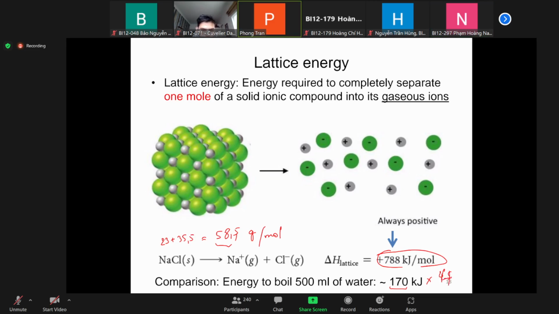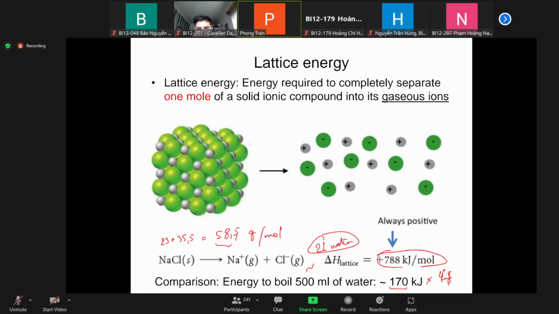So it's almost 2 liters of water you can boil with the same amount you need to put in to break 60 grams of sodium chloride. You get what I mean? Yes.